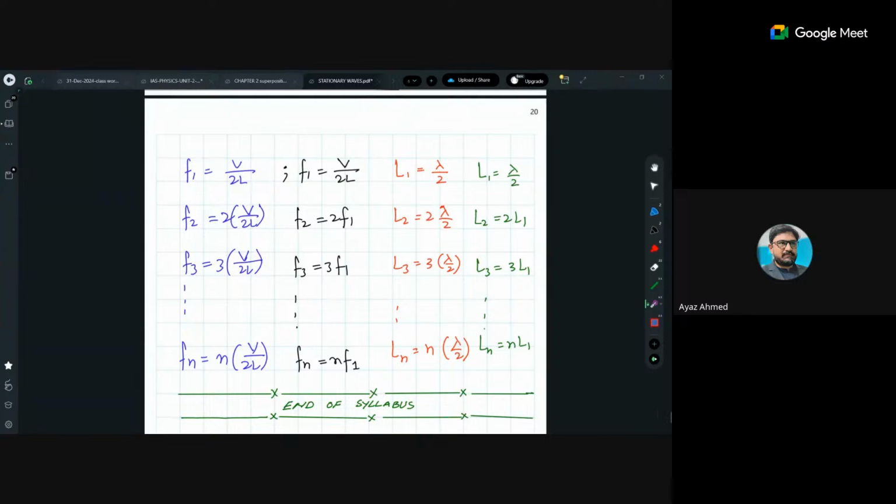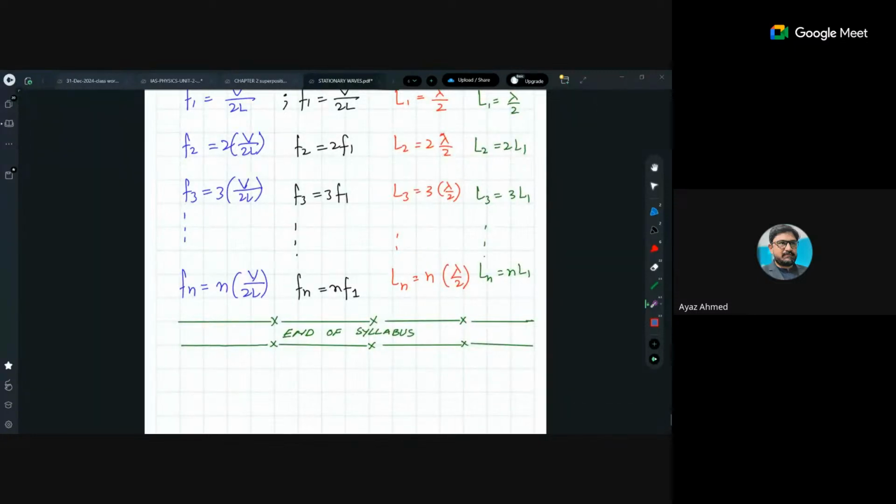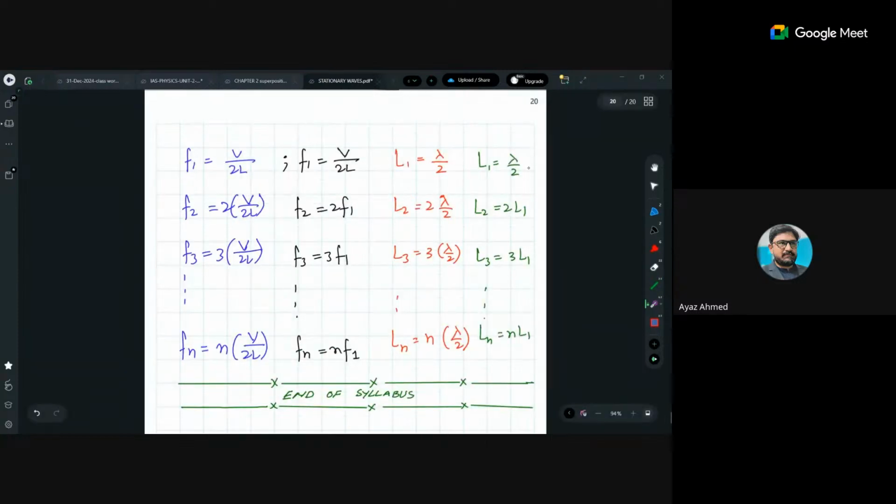So simply speaking, when both ends are open, as you increase the length by L, 2L, 3L, 4L, you will get the wavelengths.